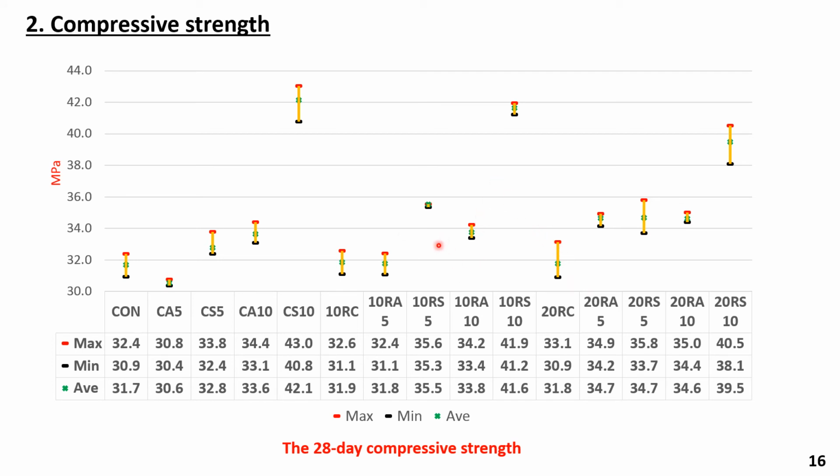Here we can see that 5% silica fume increases the compressive strength of 10% recycled concrete, and here we can also see that when 5% and 10% paper sludge ash is used with 20% recycled aggregate, the compressive strength was increased, and the same happened when 5% and 10% silica fume was used with 20% recycled aggregate concrete.